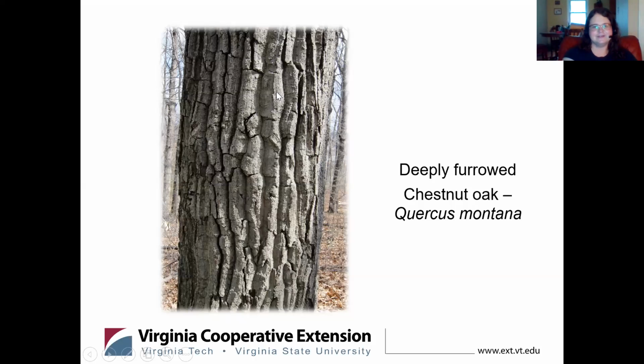Here's the ridge again, of course, this little mountain-looking structure, and then this furrow, this valley, until you get to the next ridge. Chestnut oak shows this very dramatically, so that's why I picked this picture and this tree species. Seeing that in the woods is always an amazing sight.